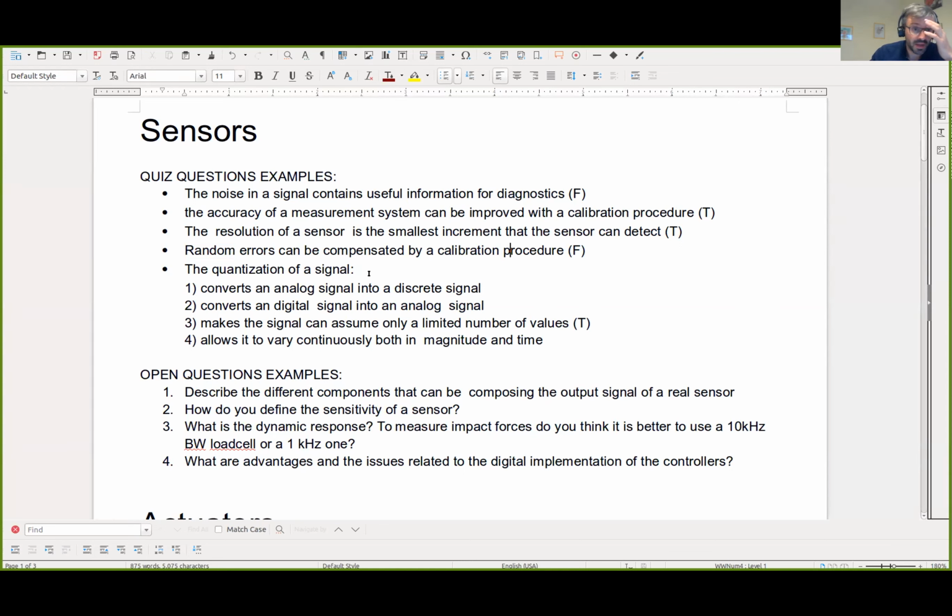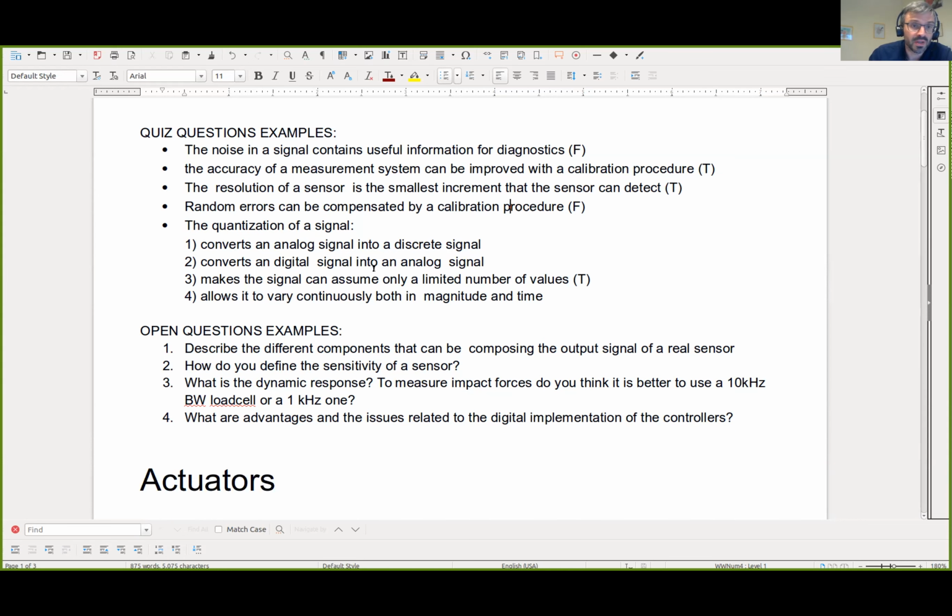Then the multi-reply questions are, for example, the following one: quantization of a signal converts an analog signal into a discrete signal. This is not true because a quantized signal is not a discrete signal. Converts a digital signal to an analog signal. Of course, this is obviously wrong.